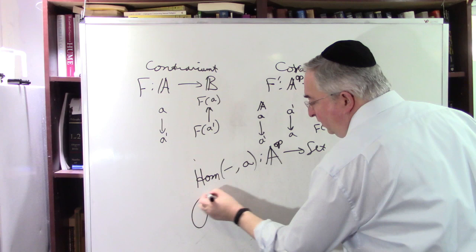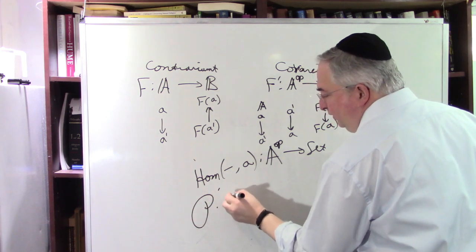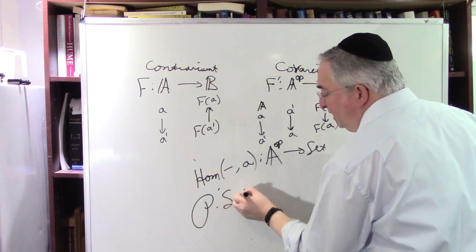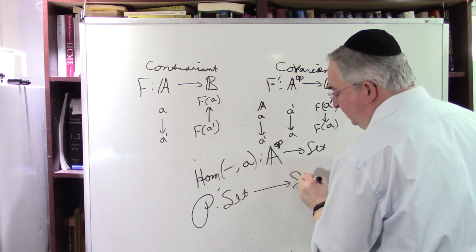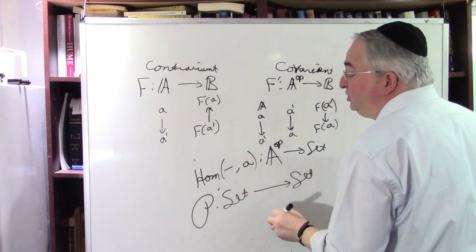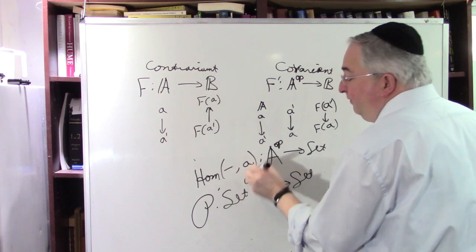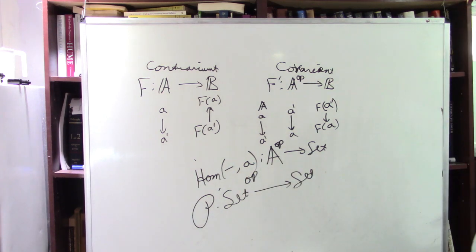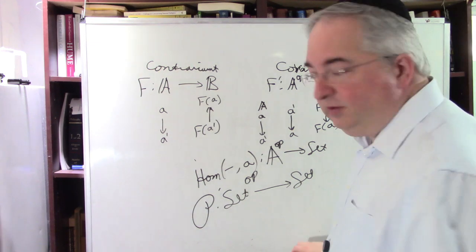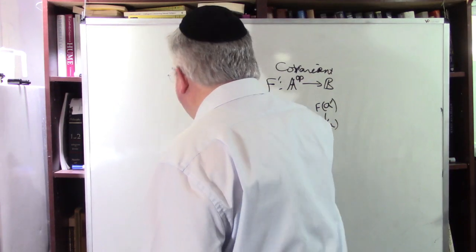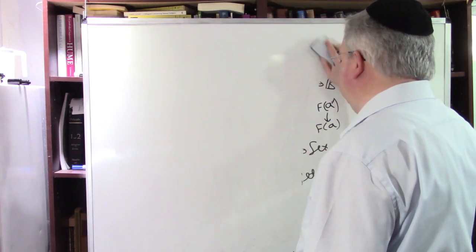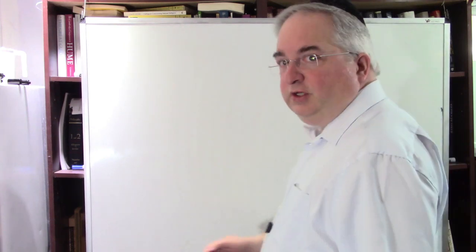Similarly, the power set functor, I told you, is a contravariant functor from set to set. But I can also say it's a covariant functor from set opposite to set. So we don't need the language of contravariance. We'll use it a lot, but we don't need it. A lot of times we're just going to write the opposite, and you'll know what I mean by then. Okay, great.